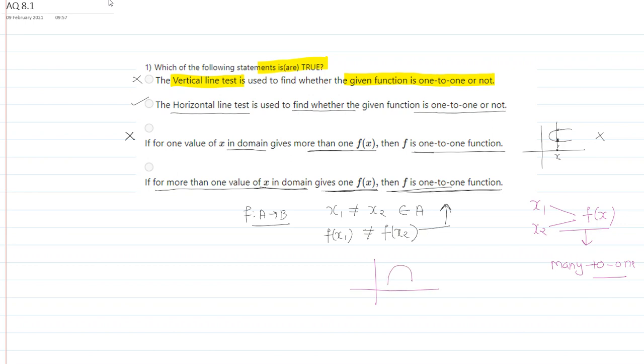For more than one value of x, that is x1 and x2, this is giving the same f(x), then it is a many-to-one function and it fails the horizontal line test. So the only correct answer here is that the horizontal line test is used to find whether the given function is a one-to-one or not.